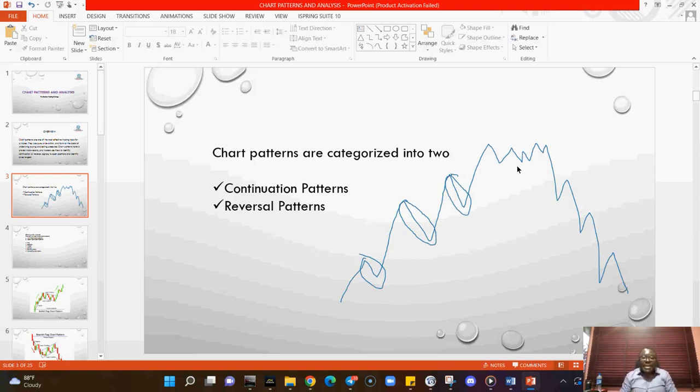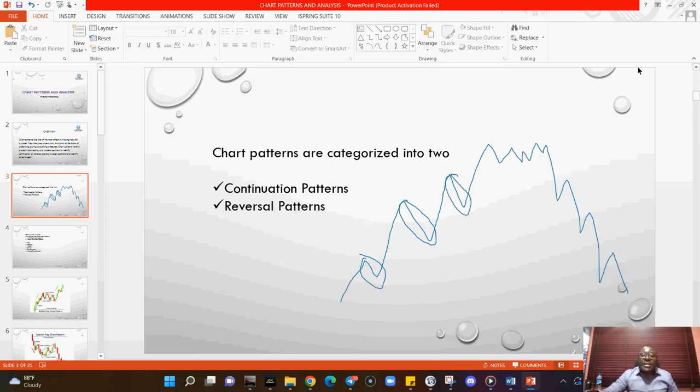So in trading the market as well, we have identified patterns, structures. These patterns are structures in the market that tell you this trend is going to continue.